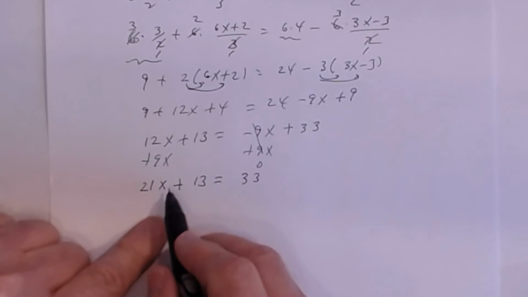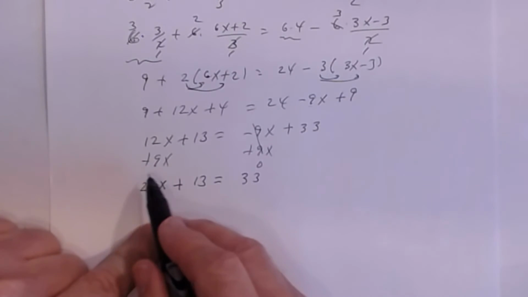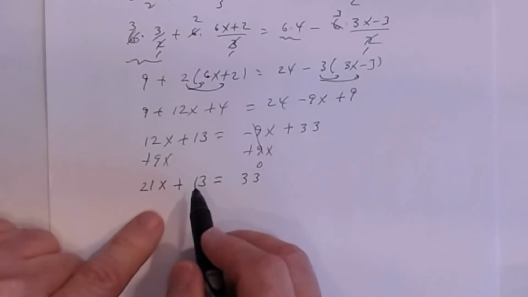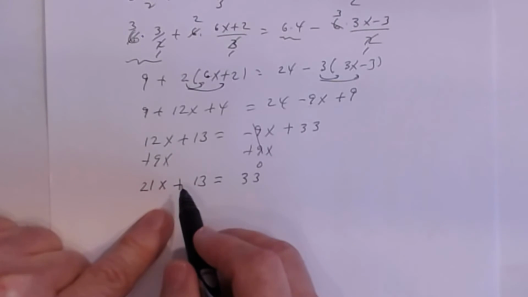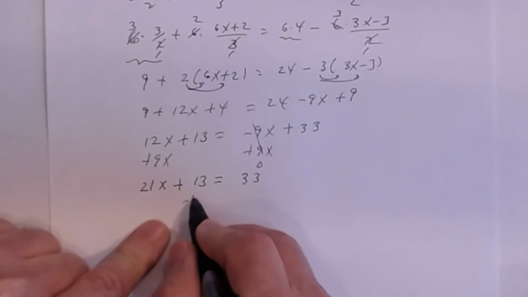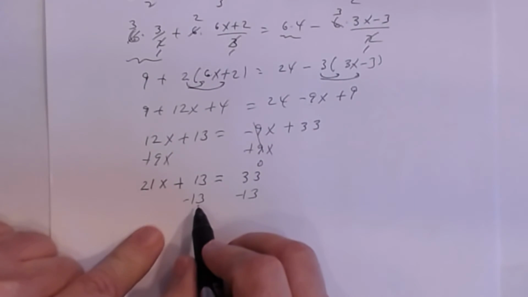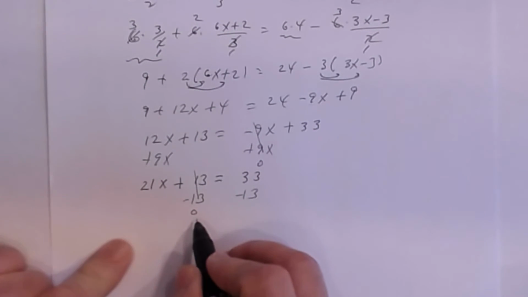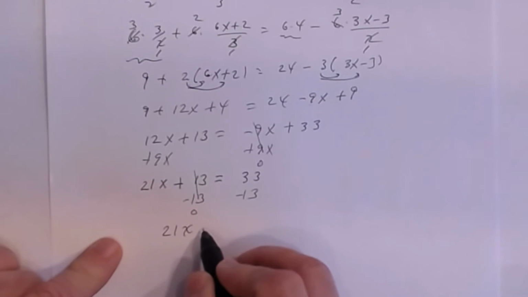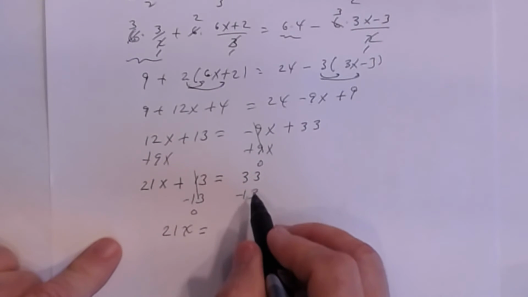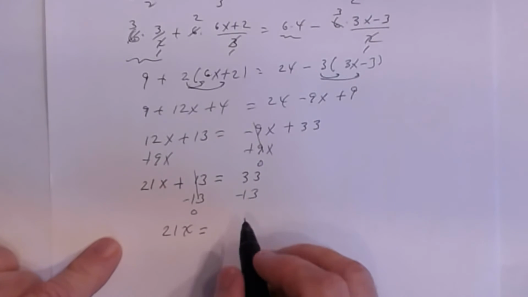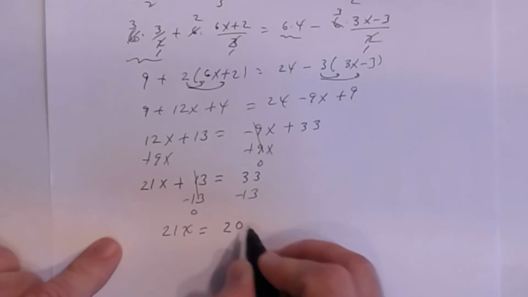Okay, and so remember you need to get the variable term by itself, so I need to get rid of this 13. Right now I'm adding 13. The opposite is to subtract 13 from both sides. And then 13 and negative 13 is 0. So I get 21x equal 33 minus 13, which is 20.